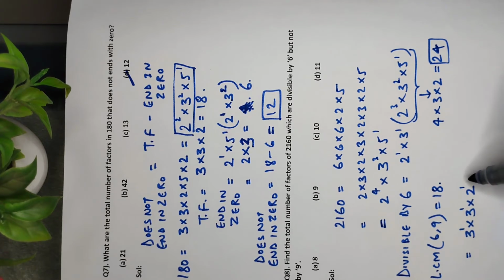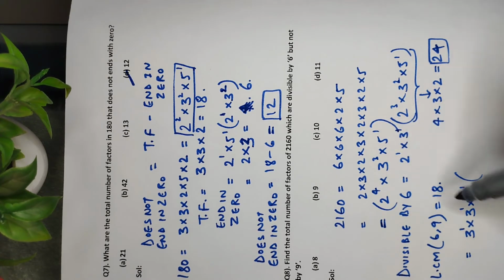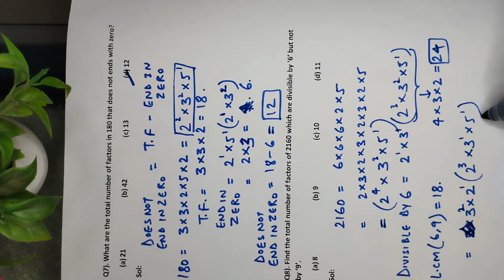Now again taking this common out of the total number of factors, what remains inside, we can write this one as 3 square into 2 raised to the power 1. Now taking out common, what remains inside is 2 cube multiplied by 3 raised to the power 1 multiplied by 5 raised to the power 1.